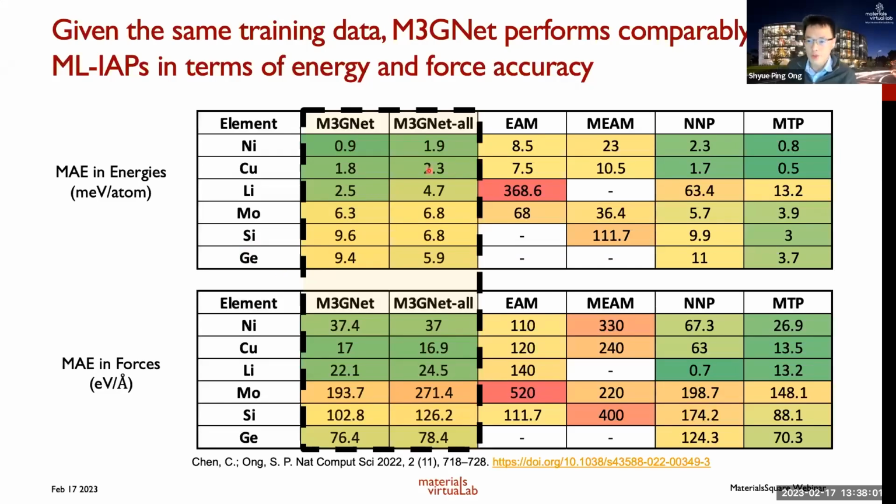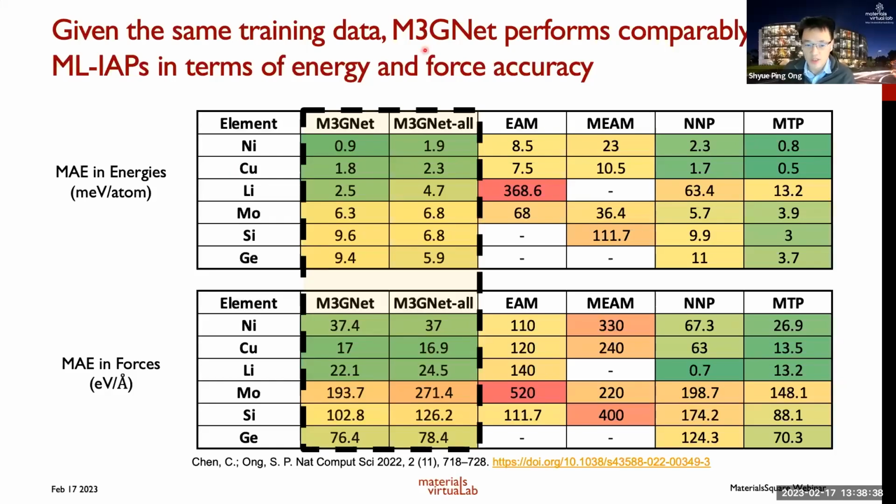And what you will notice immediately is that the M3GNet architecture actually performs very comparably with the machine learning interatomic potentials, right? The errors are similarly low, especially compared to things like EAM and MEAM, right? And the force errors are also similarly low. Now, one advantage of the M3GNet model, however, is that unlike the other models where we have to fit each element by itself, we can actually take all the data and fit one single model to the entire data set.